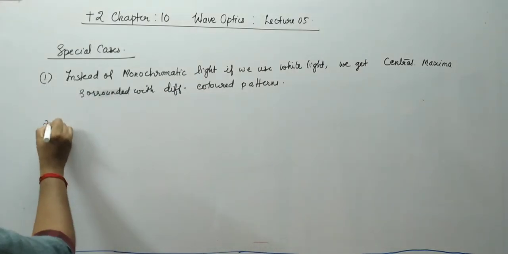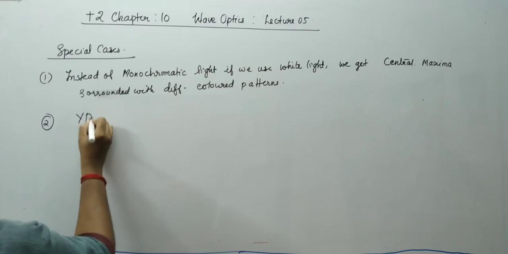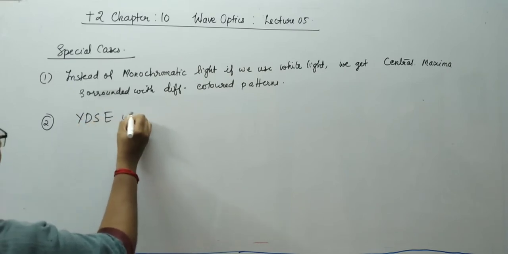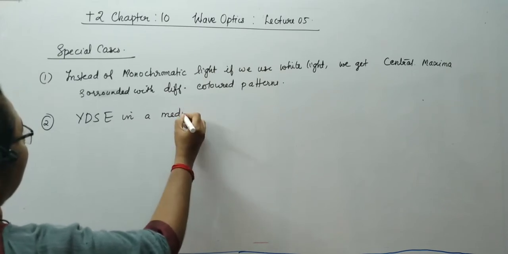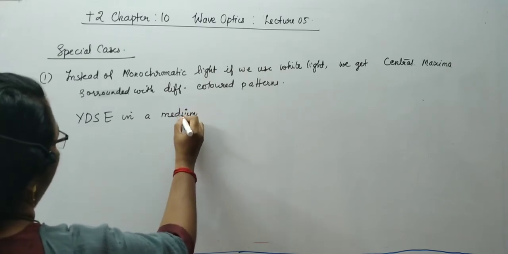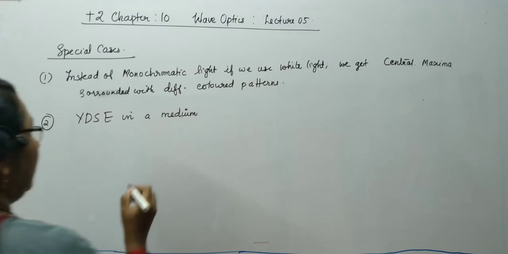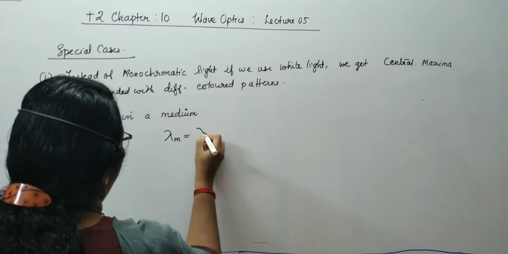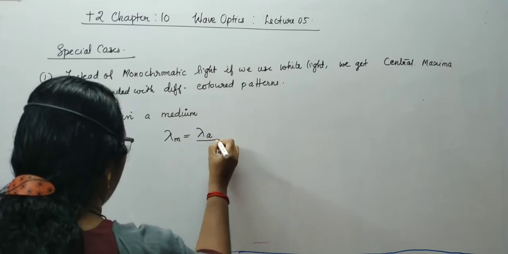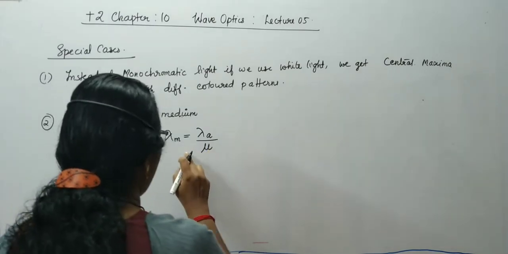Then next one, what happens if we conduct YDSE in a medium? If the Young's double slit experiment is conducted in a medium, what happens? In a medium, the wavelength in medium becomes wavelength in air divided by the refractive index of the medium, mu. Do you understand?